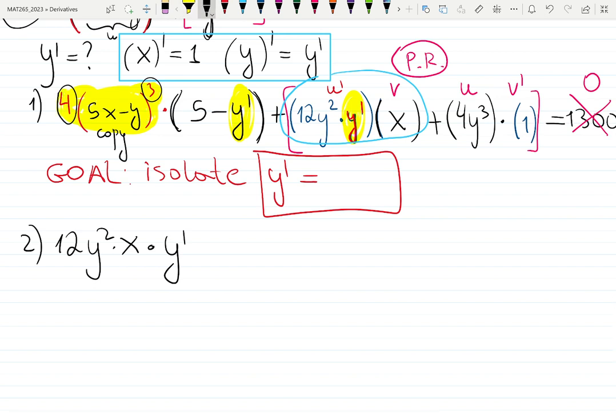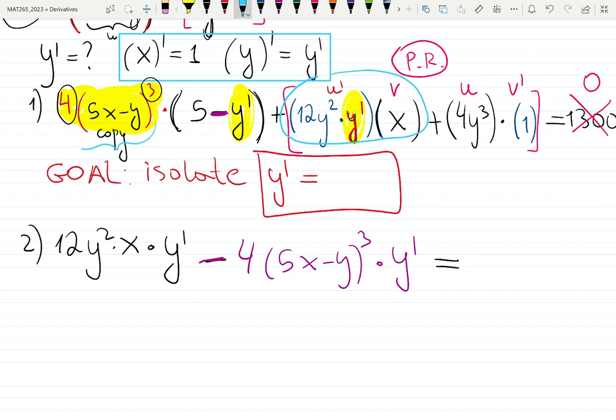So I will write down and you tell me if you agree. Minus, I will put it in a different color. Minus, do you know why? Because of this minus. 5x minus y cubed times y prime. That's what I have. And then other pieces are going to the right-hand side. So see what I did here.